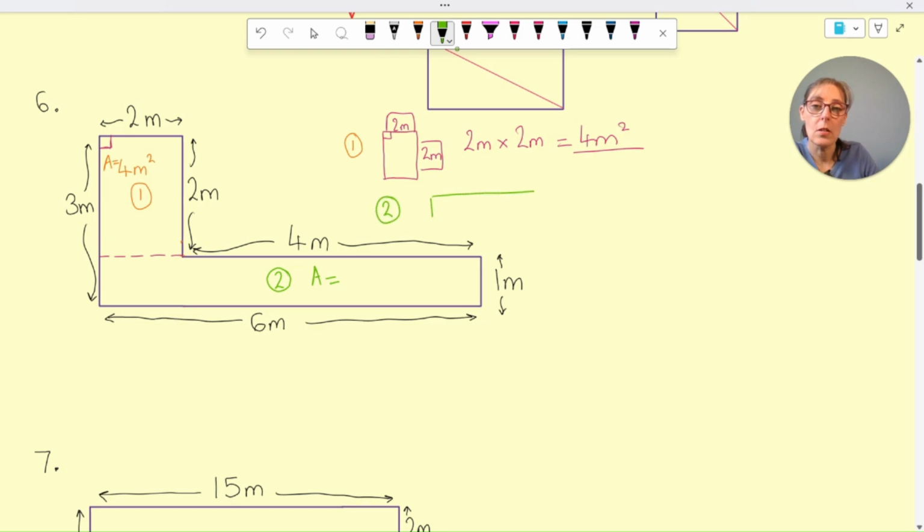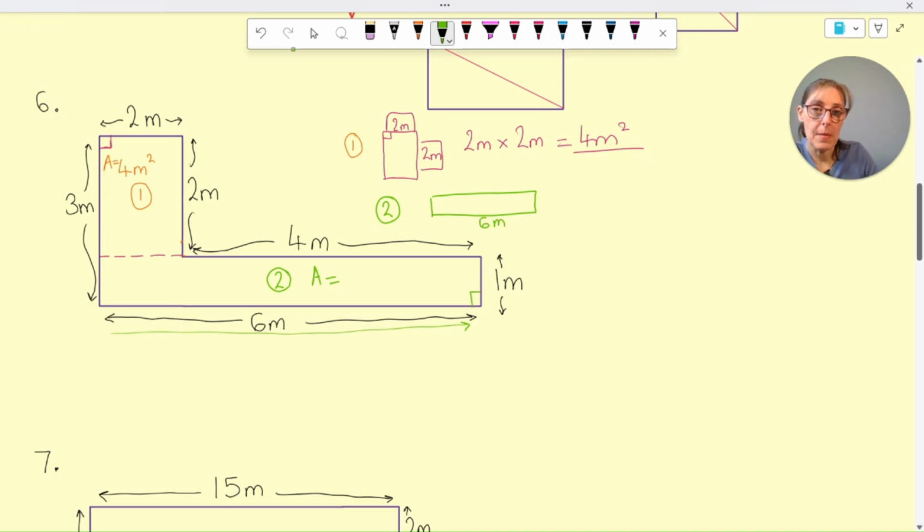let's draw it. Now I could go with 4, but actually that's not including all of this space. That only goes up to there, doesn't it? But I do actually need all that space. So I've got to choose this length.